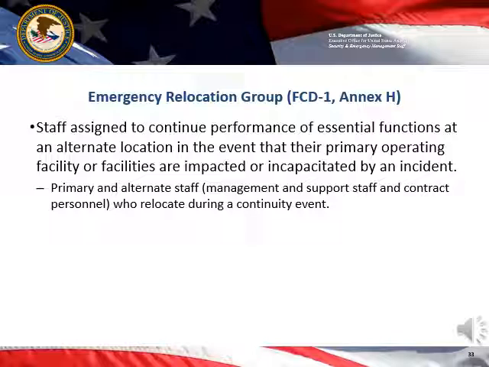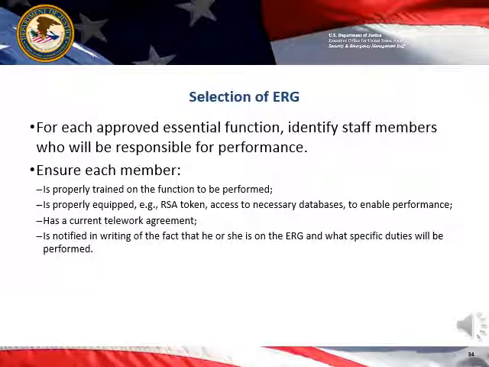The Emergency Relocation Group must include primary and alternate staff who relocate during a continuity event. Essential relocation group staff members must be identified and designated in writing for each essential function.